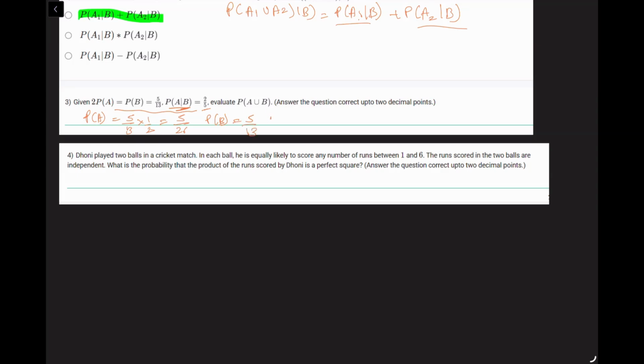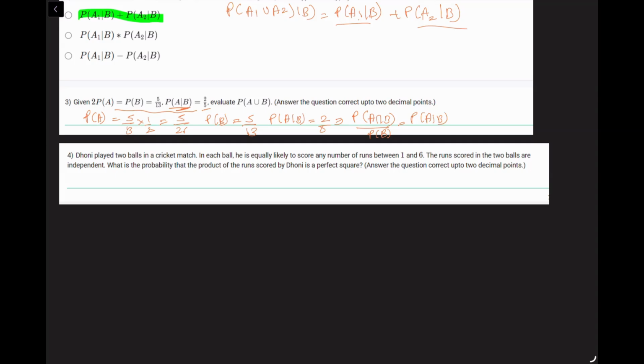Now, P(A given B) is 2 over 5, which simply means the probability of A intersection B over the probability of B is the probability of A given B. This is the formula.